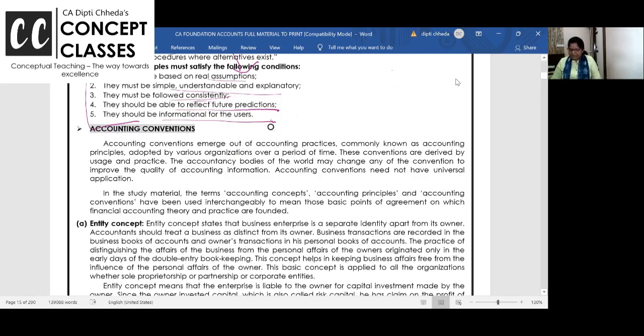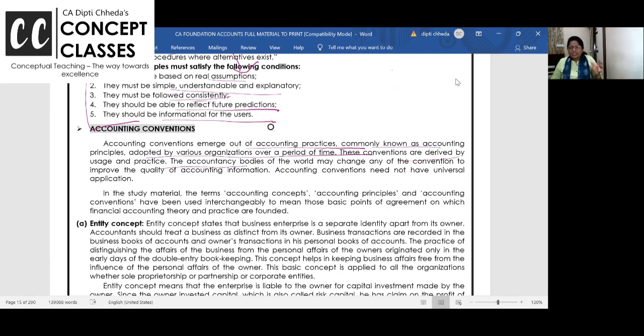Okay, right. Accounting conventions emerge out of accounting practices commonly known as principles. Over the period, people have developed these concepts. These conventions are derived by usage and practice. We say, this is the tradition that the first thing we get up, we should pray.